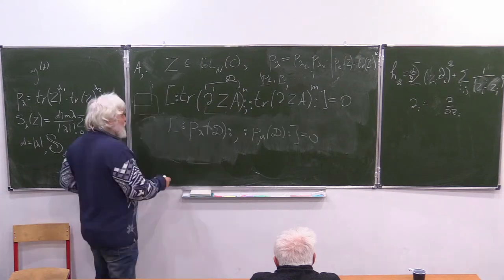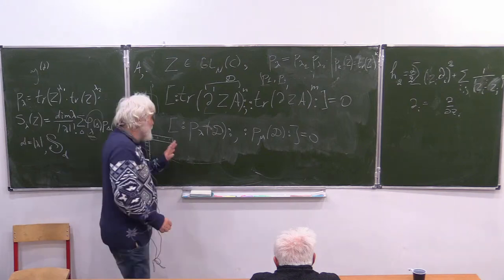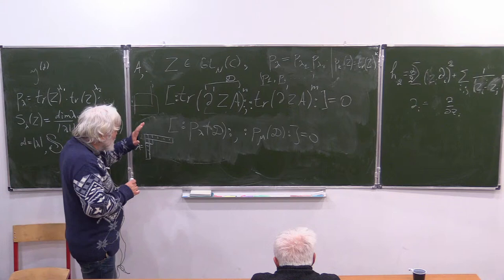It is proven quite rigorously for hook partitions, when lambda is a hook partition and mu is any partition. But it is a conjecture that it is true for arbitrary lambda and mu.